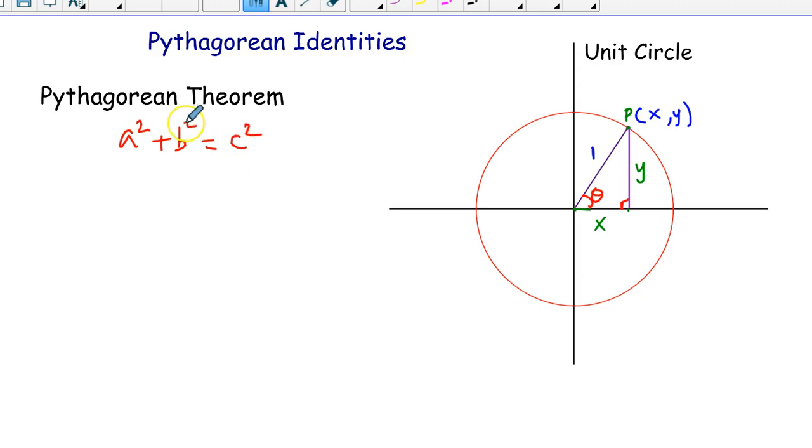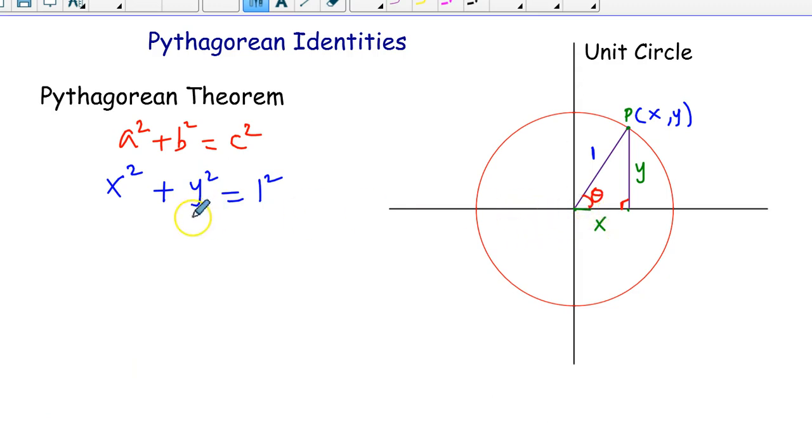So now here your a is x, so I'll write x square, and your b is y, so I'll write y square. So x square plus y square is equal to c, that is 1, so 1 square.